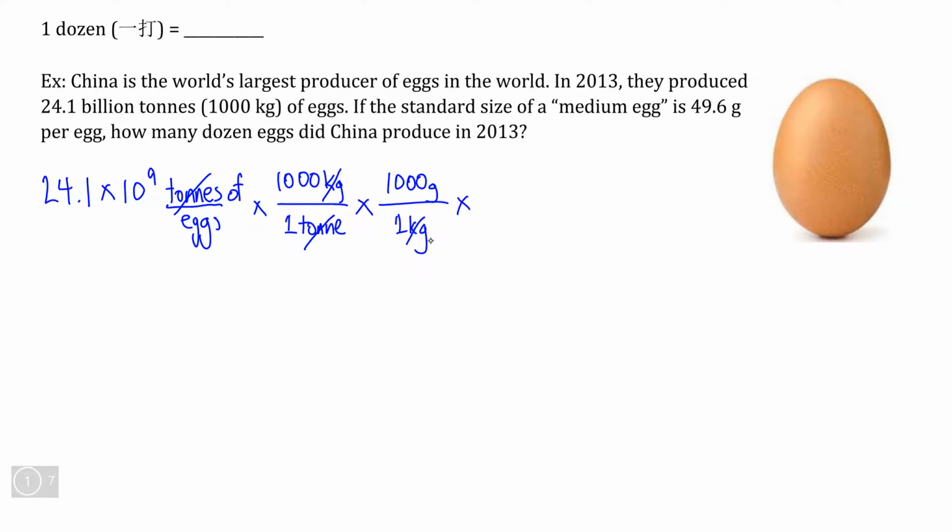Now that our measurement is in grams, we can figure out how many eggs we have using the conversion factor 1 egg weighs 49.6 grams. However, our question didn't ask for the number of eggs, it asked for dozens. Since we know 1 dozen is equal to 12 eggs, this is our final conversion factor.